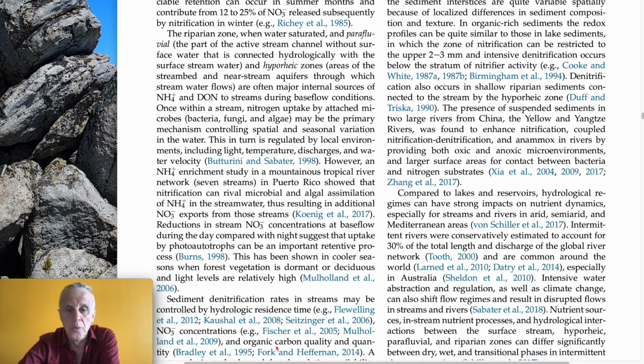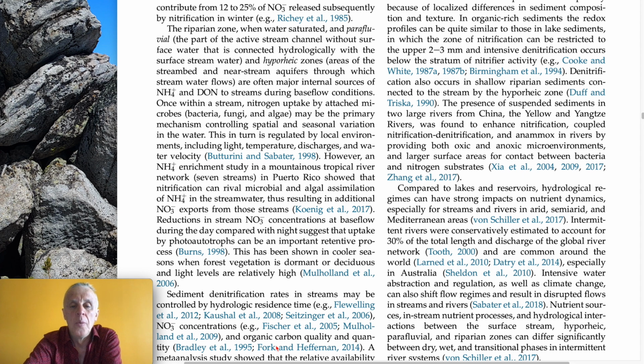The riparian zone, when water saturated, and parafluvial zones, which are part of the active stream channel without surface water that is connected hydrologically with the surface stream water, and aporeic zones, the areas of the stream bed and near-stream aquifers through which stream water flows, are often major sources of ammonium and dissolved organic nitrogen to streams.